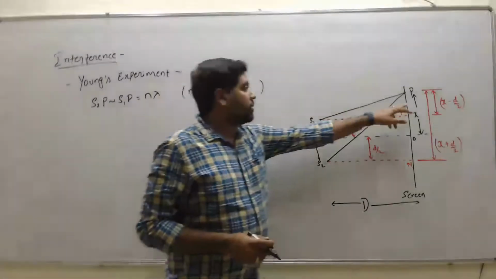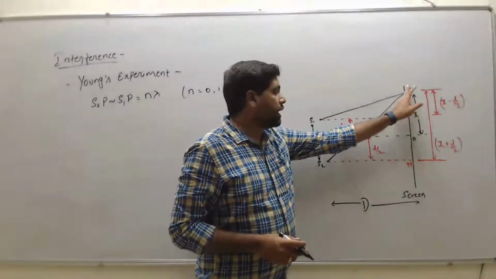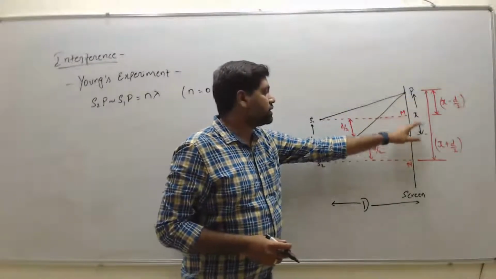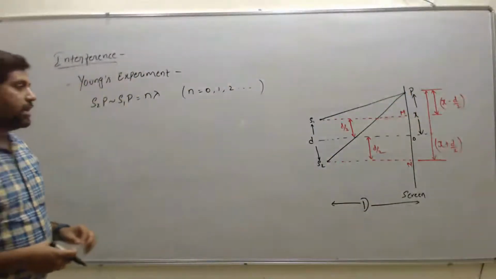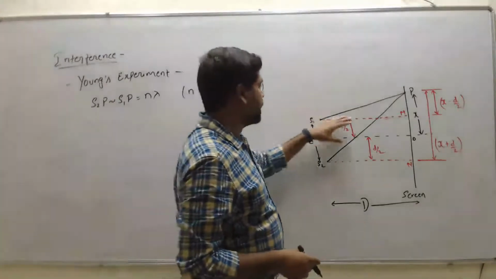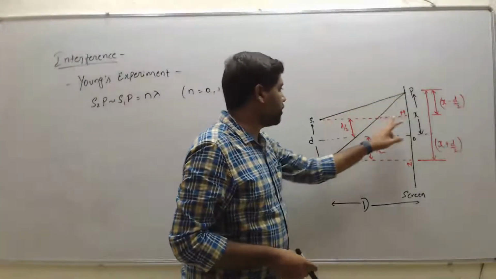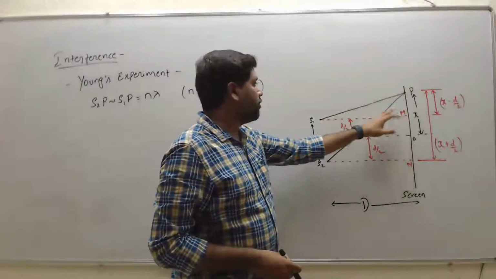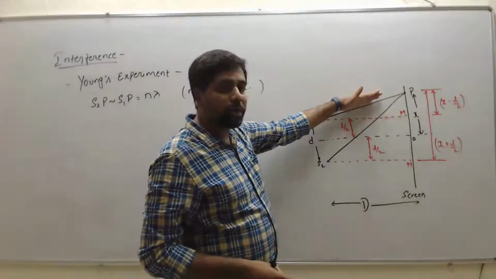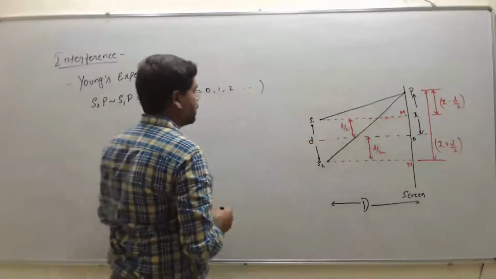So consider here P, we get the maximum intensity. Then from the distance O to P, by using the Pythagoras theorem, from the triangle P S1 M, S1P becomes the hypotenuse, right?